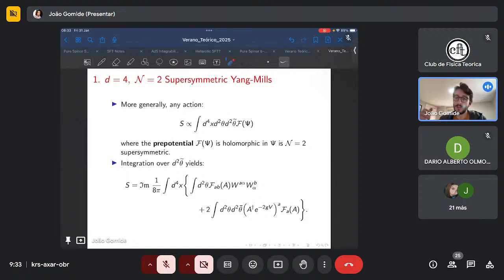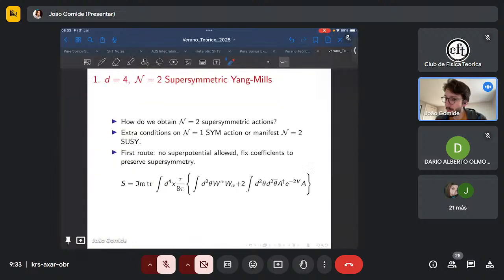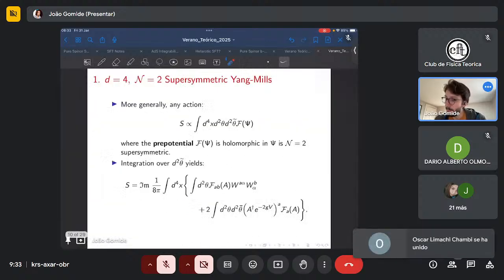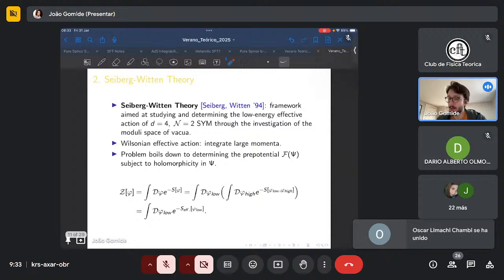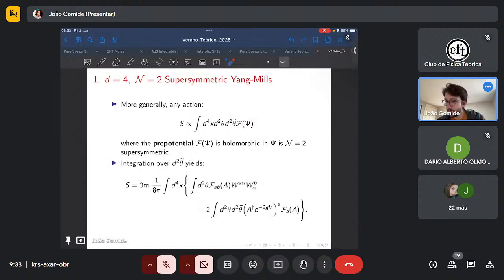F_ab is the derivative of this function with respect to the scalar multiplet. This is basically a more general form of this thing here. Our task will be determining what this F function is.